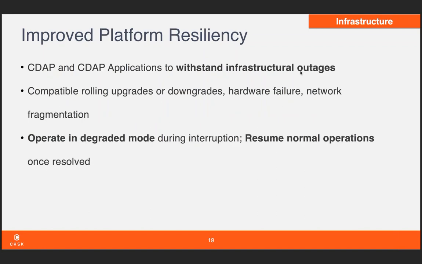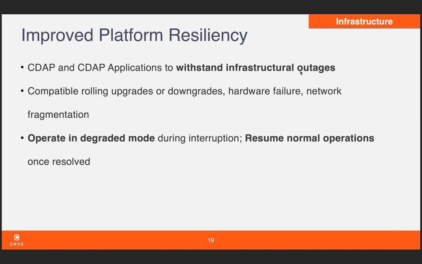So one of the major things that we are focused on in the CDAP 4 release is that the CDAP platform itself and CDAP applications will have the ability to withstand infrastructural outages. There are different scenarios that have been worked on: short-term outages, long-term outages, and transient outages.